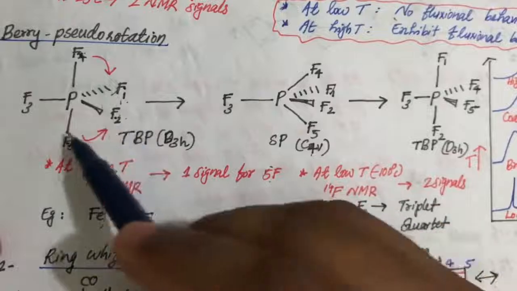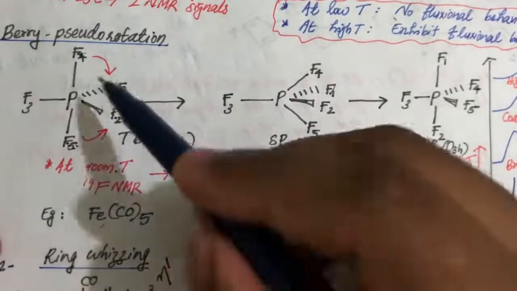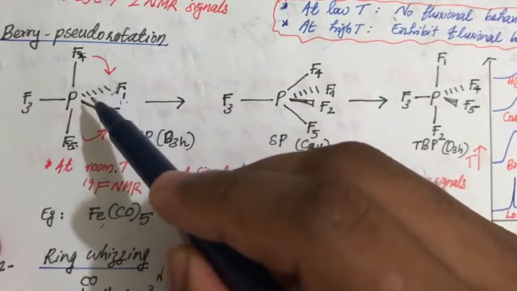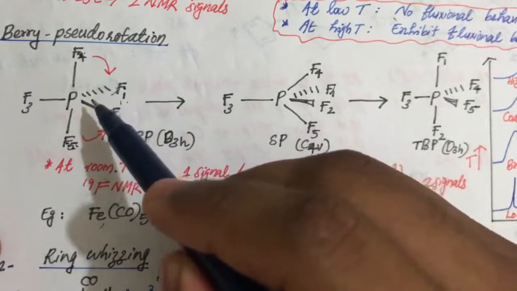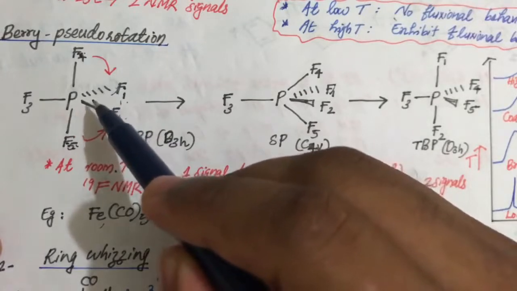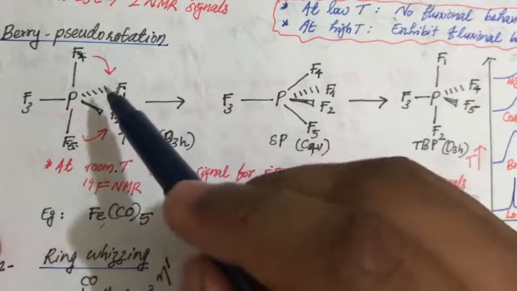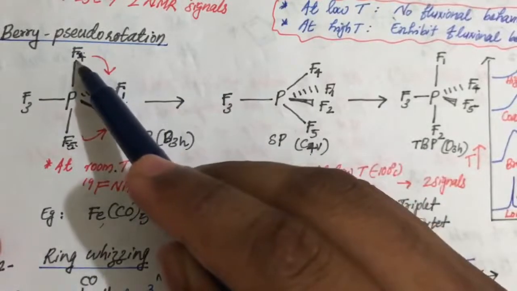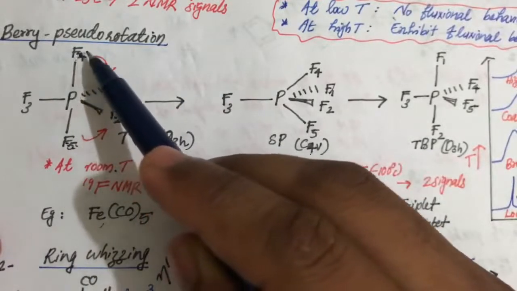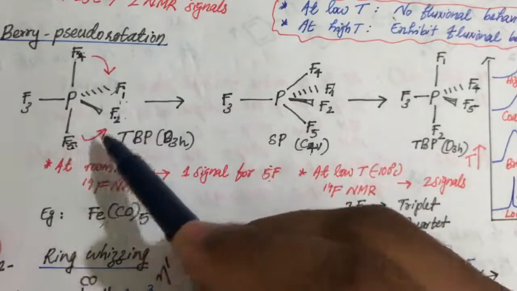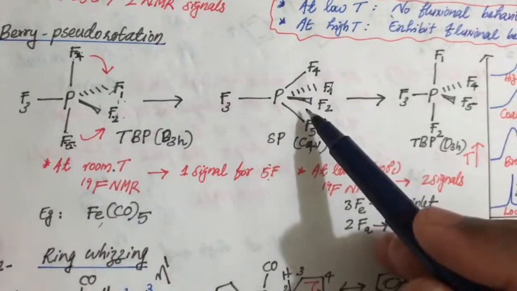So this is our trigonal bipyramidal molecule at a high temperature. We know that this fluxional behavior happens at a high temperature only. At a high temperature, this axial bond is distorted, this axial bond is also distorted, so you will end up with this structure.